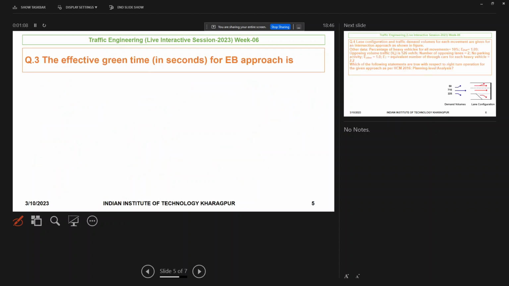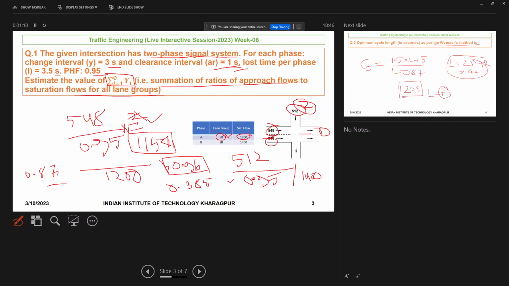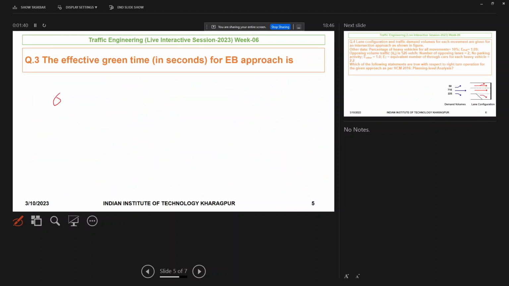Then the effective green for the EB approach. So what is the EB approach? This is the EB approach. Here we calculated the ratio as 548 by 0.95 by 1200, 0.48. This ratio was 0.48 for this eastbound approach, your V by C ratio.